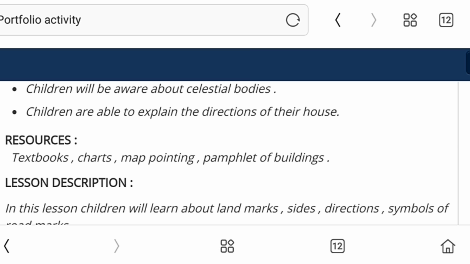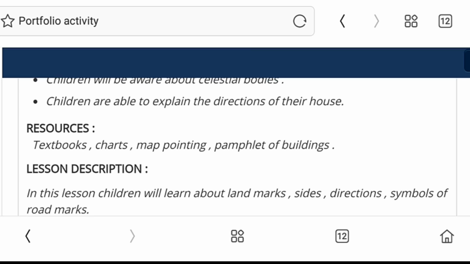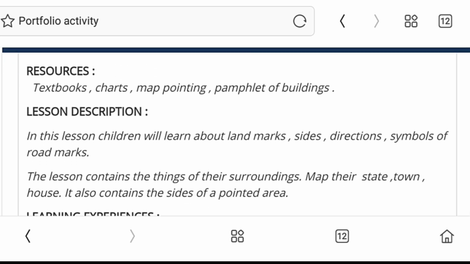This is very good, exemplary. Then lesson description. You see here, in this lesson, children will learn about landmarks, sites, directions, symbols of road marks. Children will also learn that the lesson contains the things of their surroundings, map, their state, town, house. It also contains the sites of a pointed area.